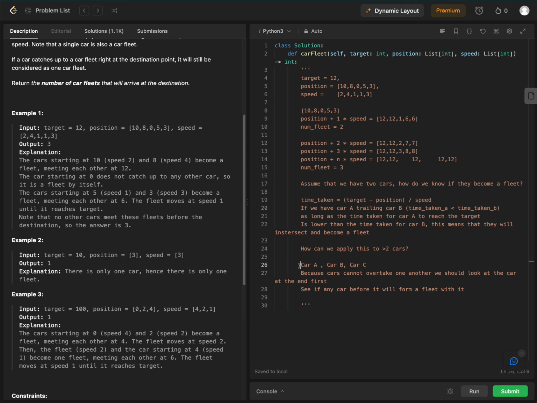So if we look at car A and car B, and we determine that car A will catch up with car B, these 2 form a fleet, then we take the slower speed of these 2 cars, which is likely the speed of car B, and compare it against car A, and see if we can combine this together.